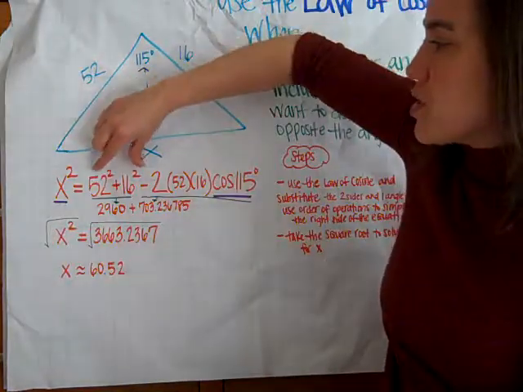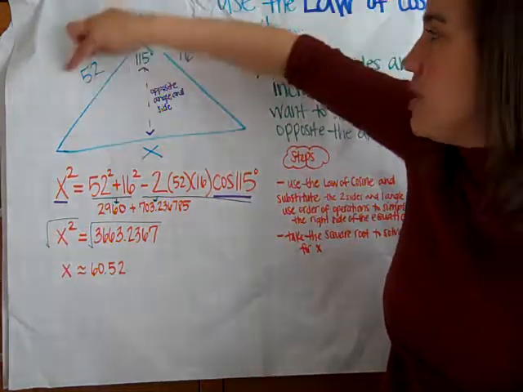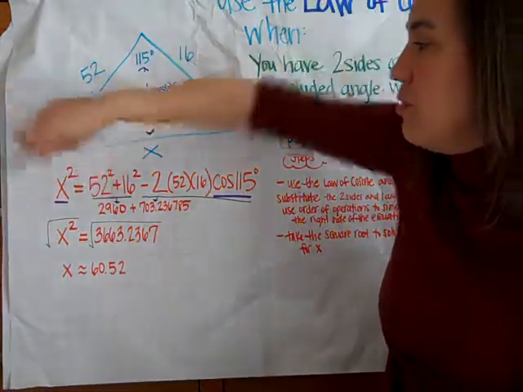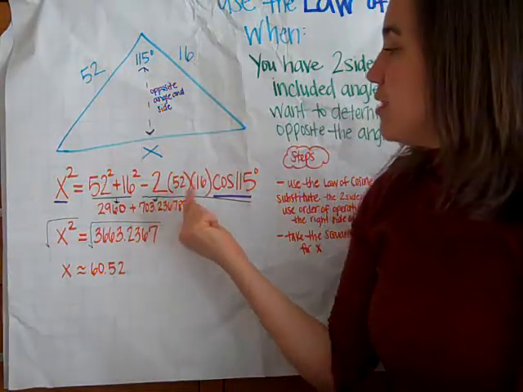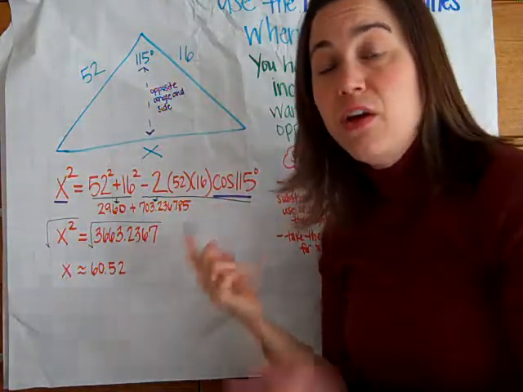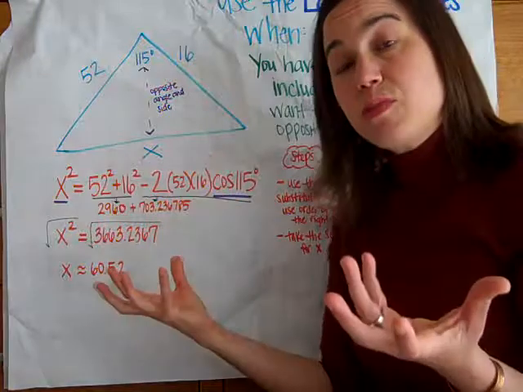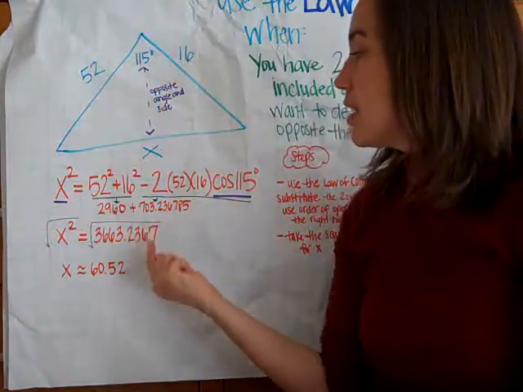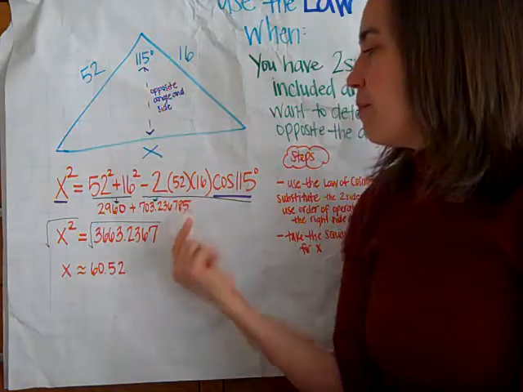I would first square and add the two adjacent side lengths, 52 and 16, to get 2960. Then what I would do is multiply -2 times 52 times 16 times the cosine of 115 right in my calculator. And because the product was positive, I would put a plus, and I would put 703.236785.